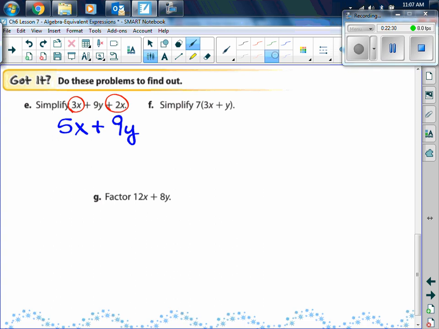So, we're going to take that 7 and we're going to distribute it throughout the parentheses. So here, when we multiply 7 times 3x is going to give me 21x. Plus 7 times y is 7y. And that's your final answer.